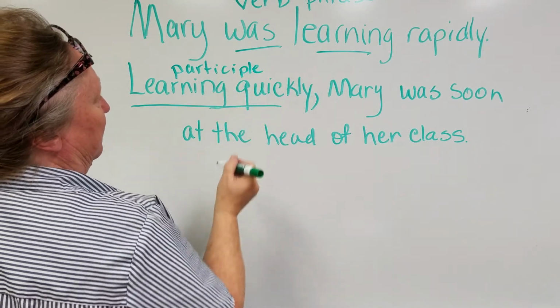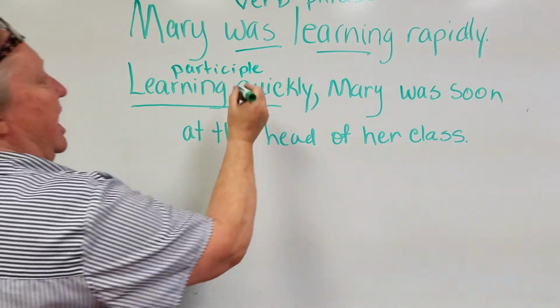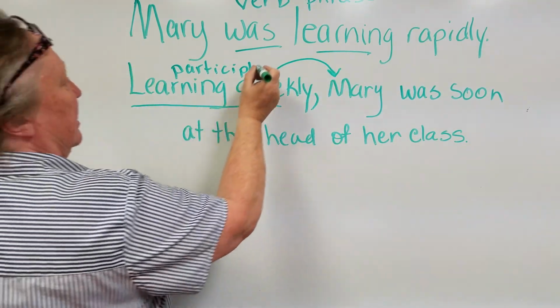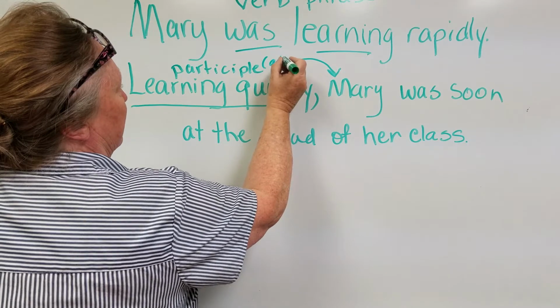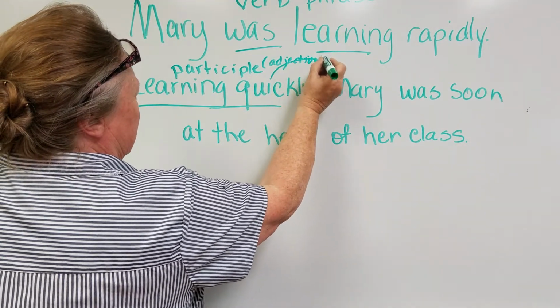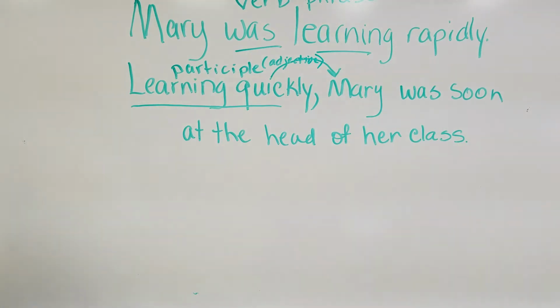Forgot how to spell participle. Acting as an adjective modifying Mary, which makes it an adjective. Therefore, it can't be a verb or a verb phrase. It is acting as an adjective. So it is a participle.